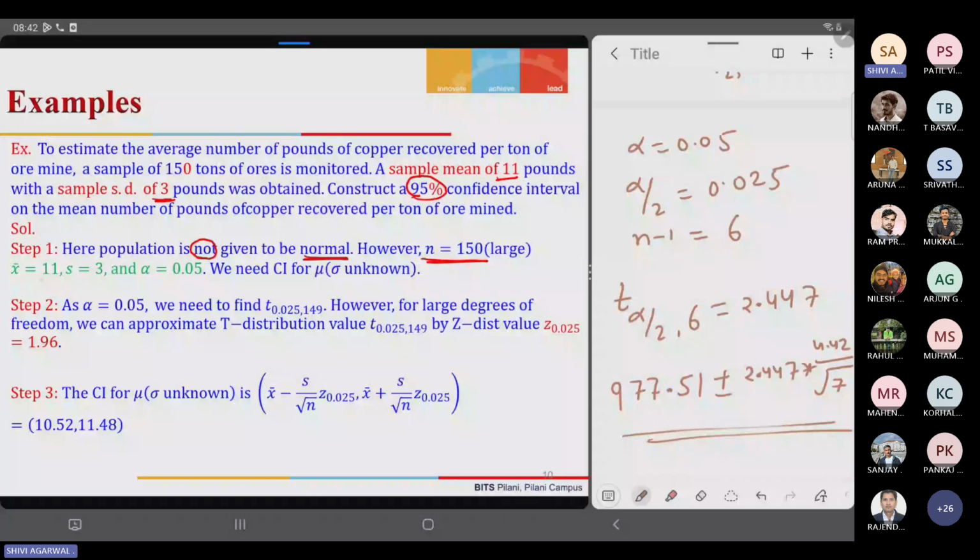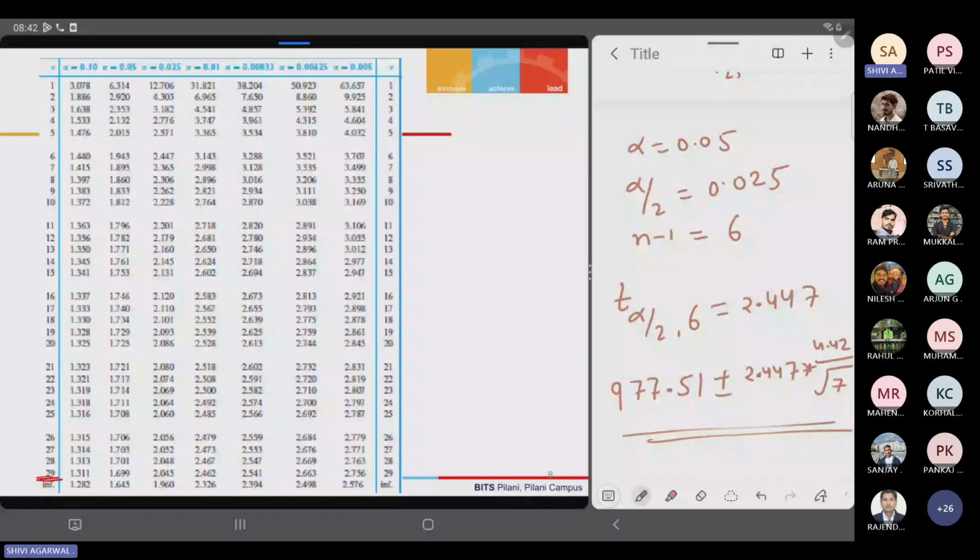Correct? Alpha is 0.05, so we require the value of t of 0.025 with 149 degrees of freedom. But if you look at the table, after 29 they are not giving the value, because if it is more than 30, we can consider n to be large, and it converges to the standard normal distribution.